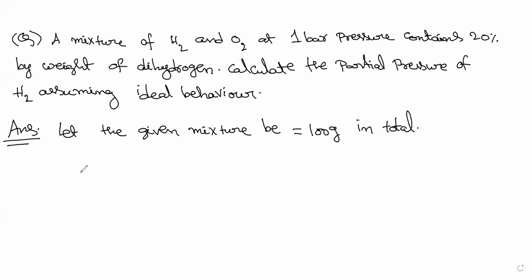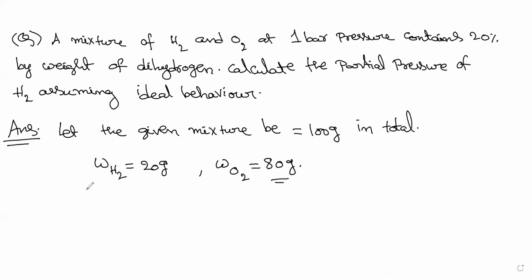Okay. Now, it contains 20% by weight of hydrogen, which means weight of hydrogen is 20% of 100 grams, that is 20 grams. Similarly, what will be the weight of oxygen? 80 grams. Clear? This is how we start when percentages are given like this.